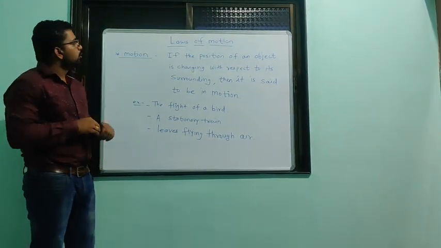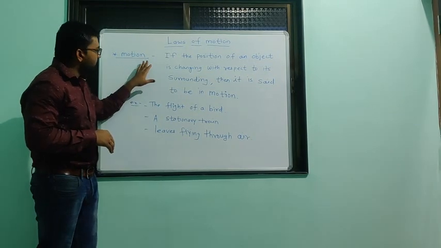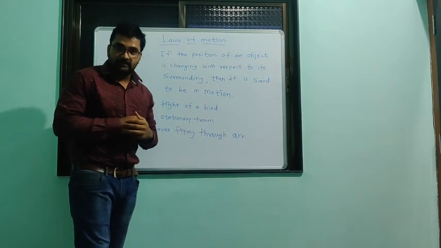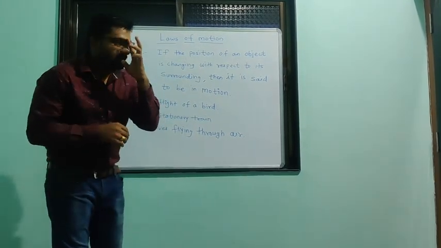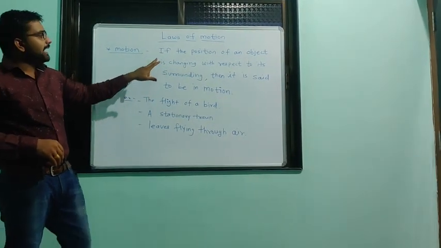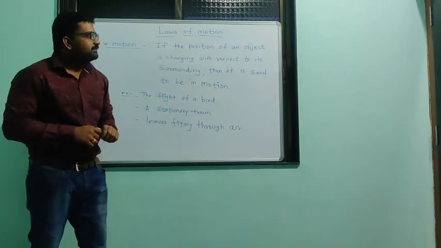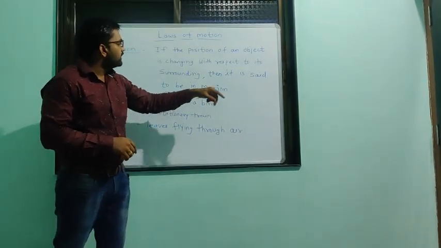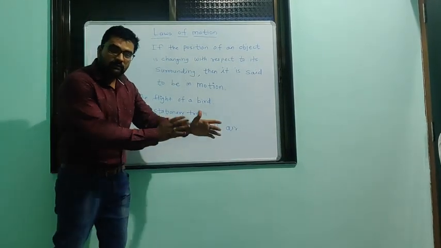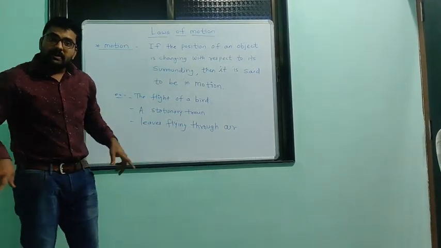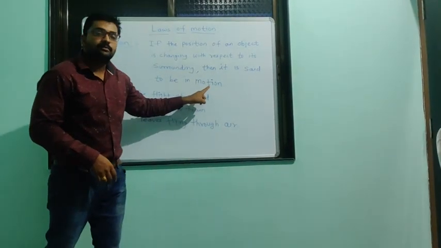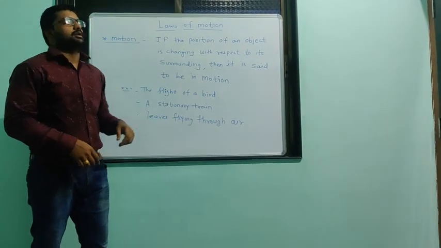So now we have to see what is actually motion. Actually, we know motion is a relative concept. Which concept? Relative concept. And if we see the definition of motion, then it tells us that if the position of an object is changing with respect to its surrounding, then it is said to be in motion.